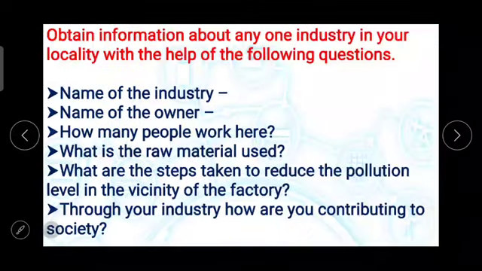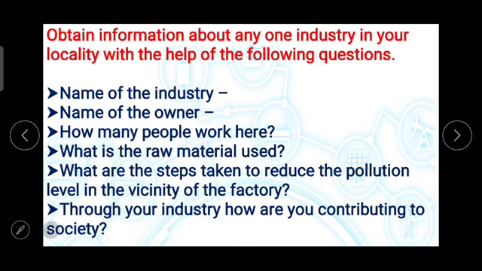Now by understanding this, you people have to obtain information about any one industry in your locality. If there is any industry in your locality, then with the help of the given questions, you have to obtain or collect information about the industry.